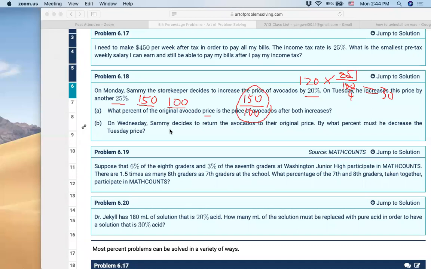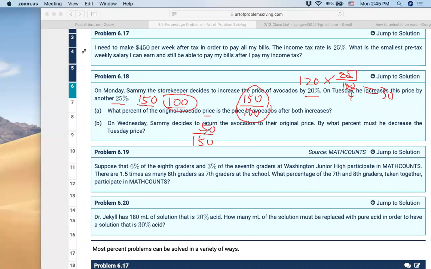By what percent must he decrease the Tuesday price? The Tuesday price is 150, right? Return to the original price of 100, so he needs to decrease 50.